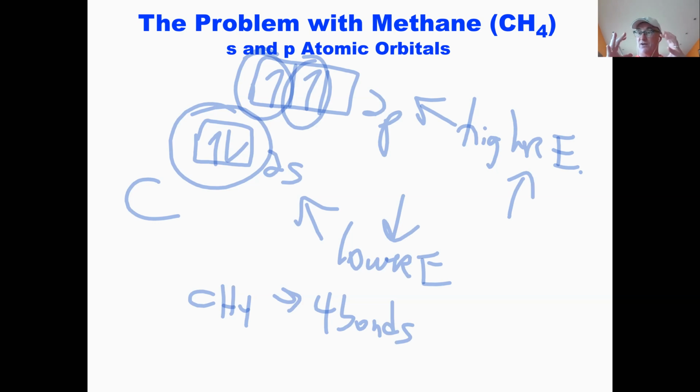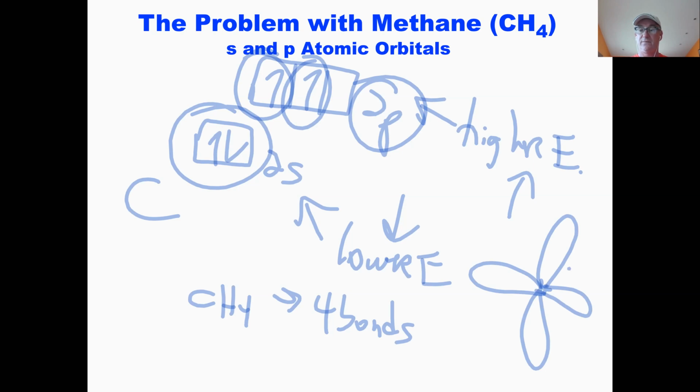They're all identical. And the other problem that I mentioned this morning was the orientation of the p orbitals. Remember, they go up and down, side to side, in and out, and all the angles in between them are 90 degrees. So if these two p electrons from carbon are involved in bonding, we would expect those bonds to be 90 degrees from each other, because that's where the electrons are, right?